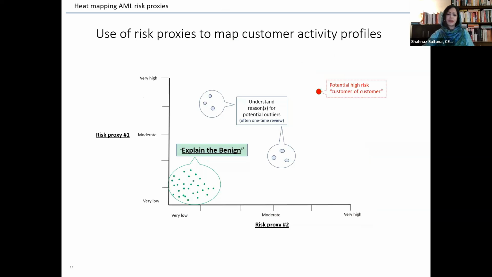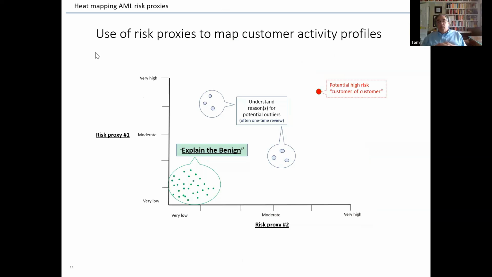So tell us about this. Looks like a really creative way of showing risk. This is more of a template for how you would take different things. When we're doing all of these case studies, we will take this approach, because you'll use different types of risk proxies for different types of customer type.